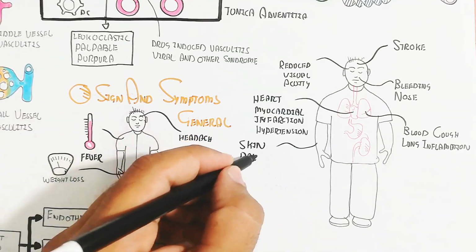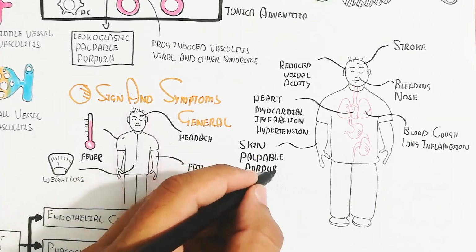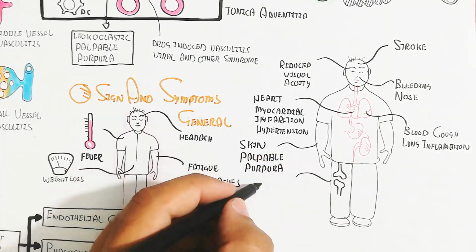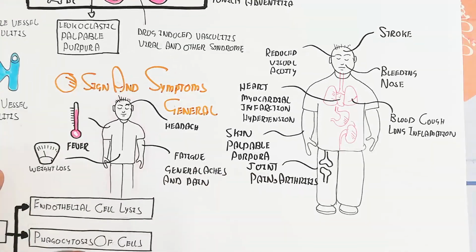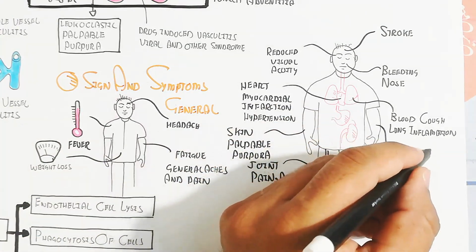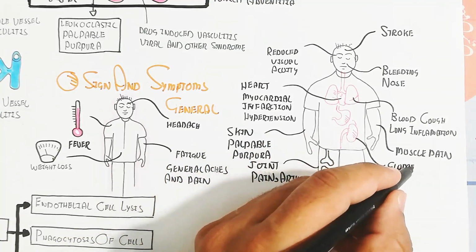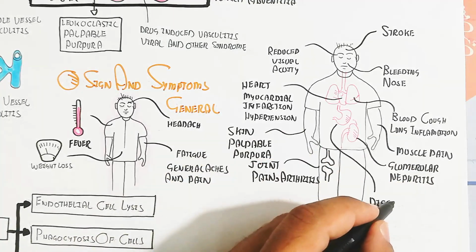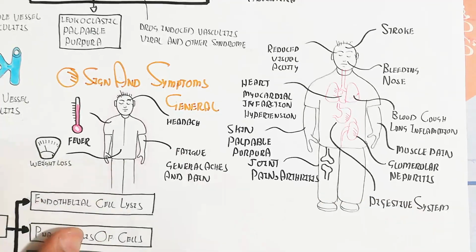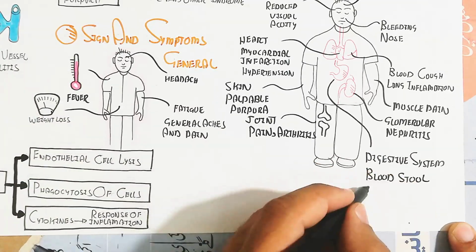For skin, palpable purpura, and for the joints, pain and arthritis. For muscle, muscle pain. Glomerular nephritis occurs in the renal nephron, while the digestive system will have blood in the stool and abdominal pain.